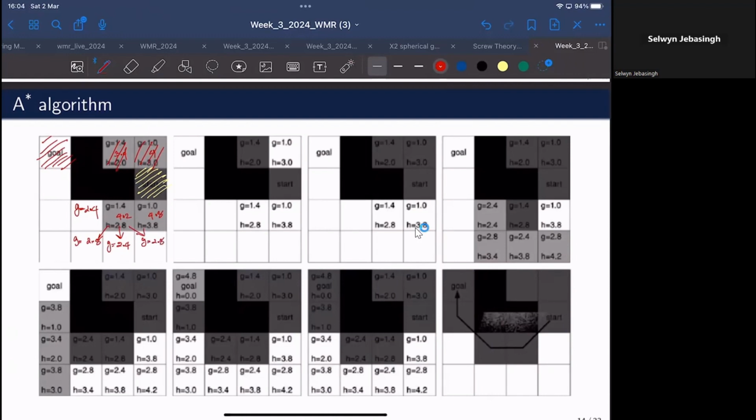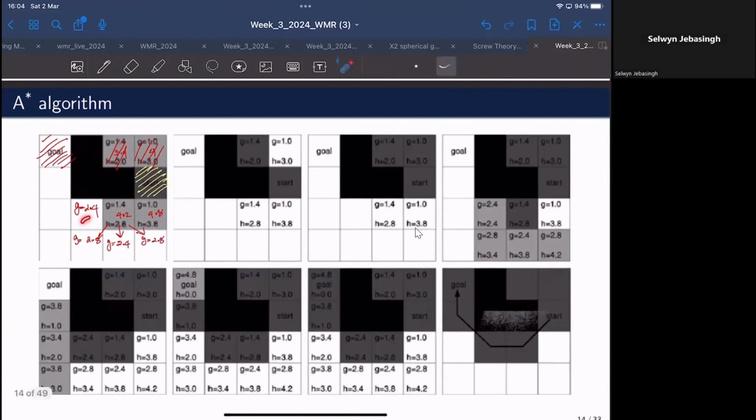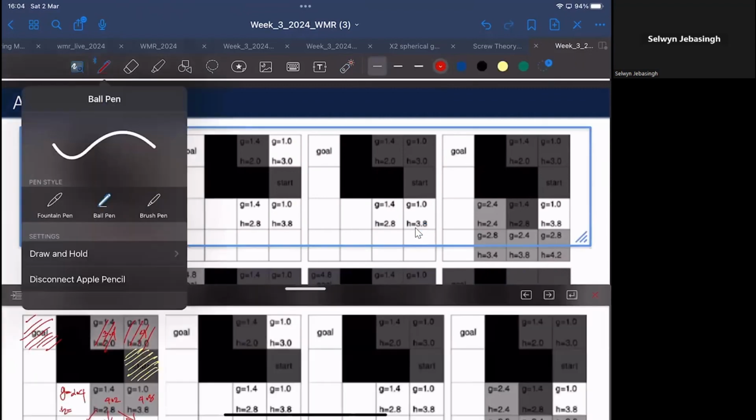And what will be the expected heuristic cost? Maybe for this node, the heuristic cost h would be the distance from the goal position to this one. So it can go 1.4 units like this and 1 unit like this. So that will be 2.4.